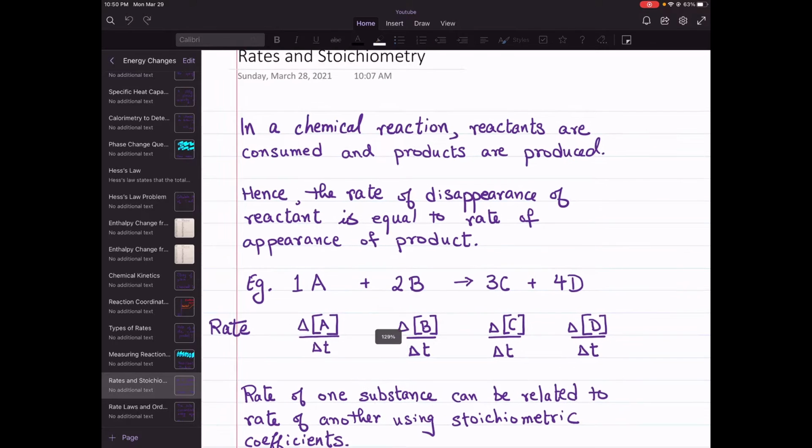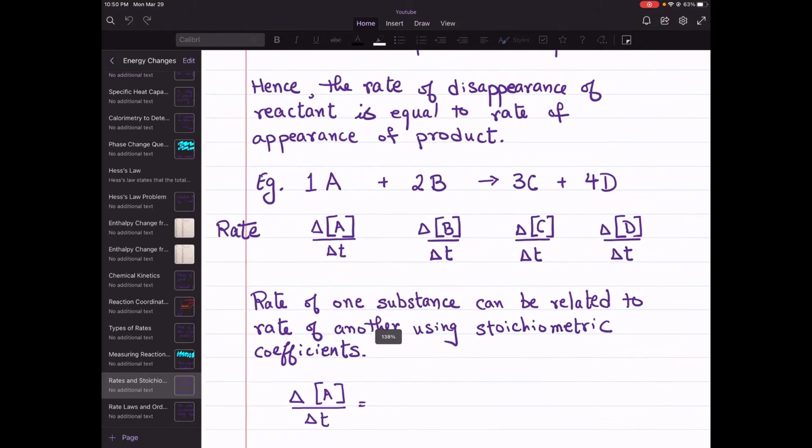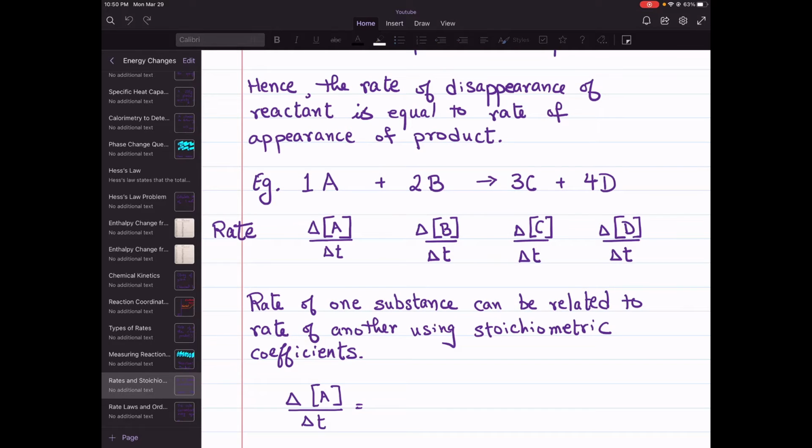For example, over here we have an equation 1A plus 2B forms 3C plus 4D, where A, B, C, and D represent chemicals, and the 1, 2, 3, and 4 are the coefficients of the chemical equation.